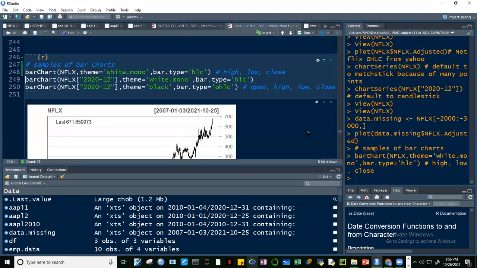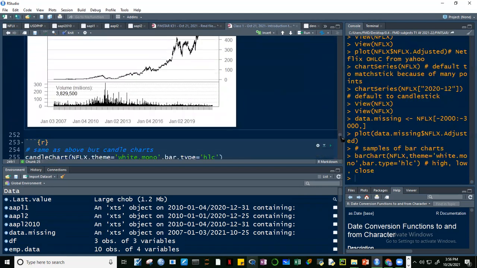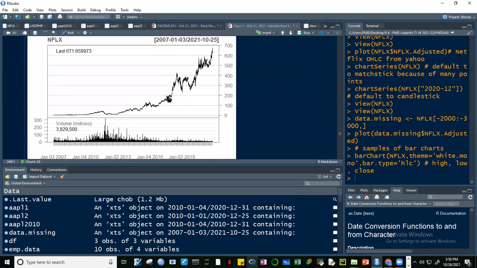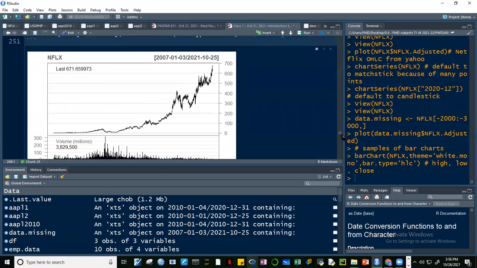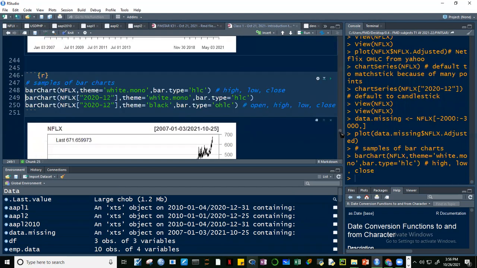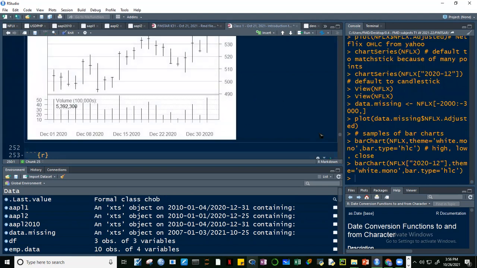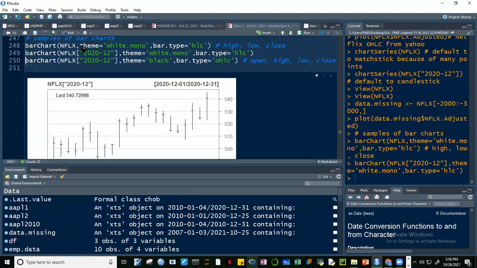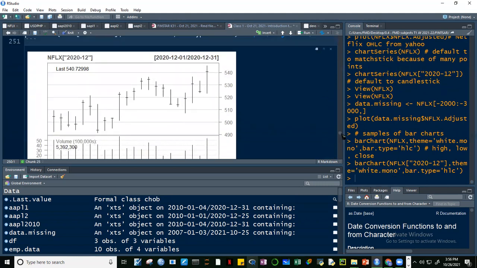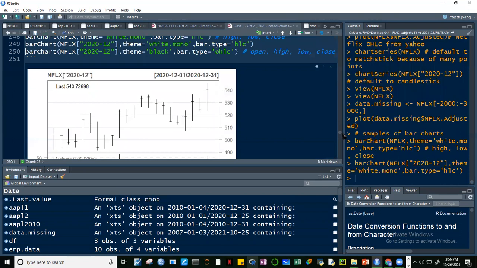So for this one, this is a bar chart. Notice that there are no colors here. You can't see the green or the red really, because it includes the whole data range of Netflix. But if we identify only December 2020, it's similar to the candlestick.